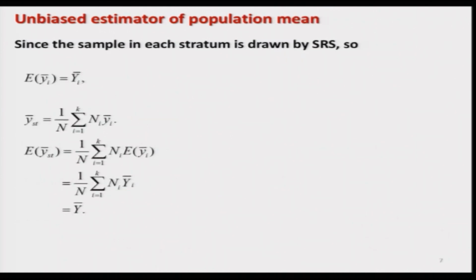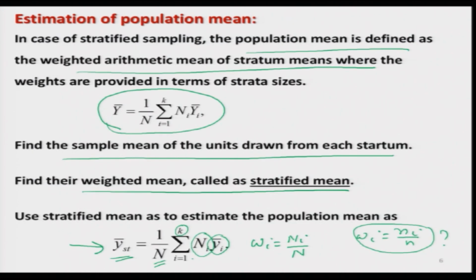Okay. So, now we have defined our estimator y bar st, which is going to estimate the population mean. As for why we cannot use the weighted mean of the sample median, sample mode or something else, that reason goes back to the first couple of lectures, when we started the discussion on simple random sampling.